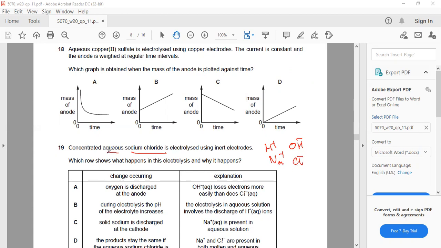It is concentrated, so H plus is always there, sodium does not discharge. Concentrated means chlorine will be the product at the anode and hydrogen at the cathode. Wrong answer, eliminate: oxygen discharge at the anode, wrong. Sodium discharge, wrong. Okay, 1 minute.